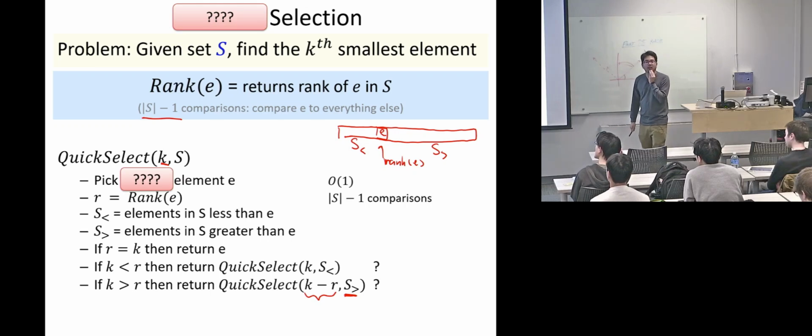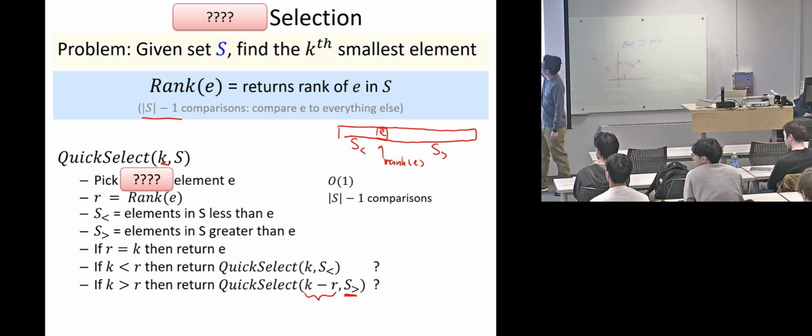Because it's not the complete set. If E is like 5, you don't want the 5th smallest in the upper half. Exactly. For example, the smallest guy there already has rank R plus 1 in the whole set.